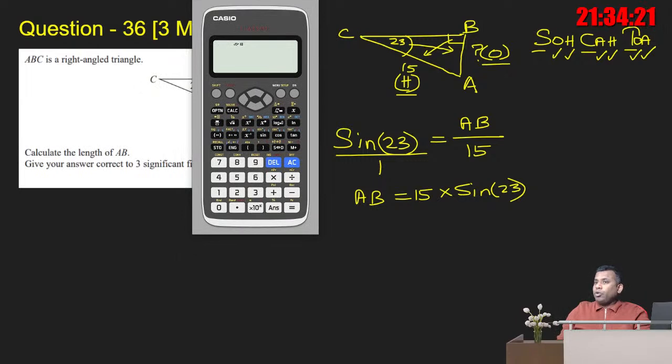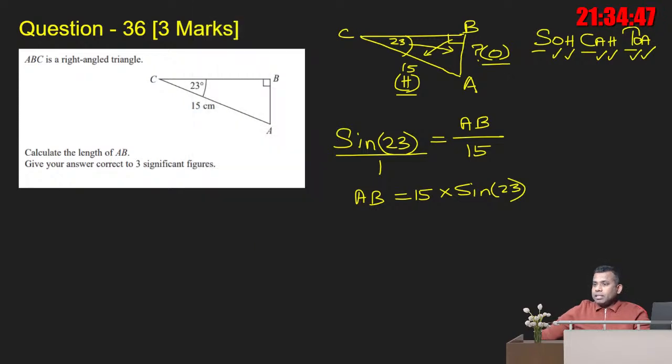Have a look at how to press it. There's a small delay in the calculator. So 15 times sine 23 degrees, close bracket, and the answer is 5.86. So 5.86 is the correct answer.